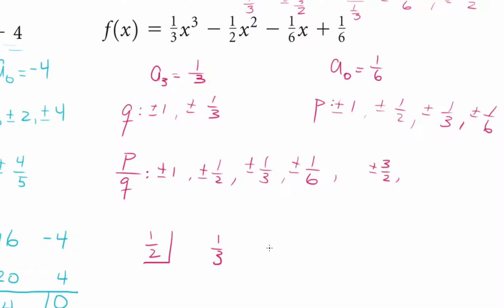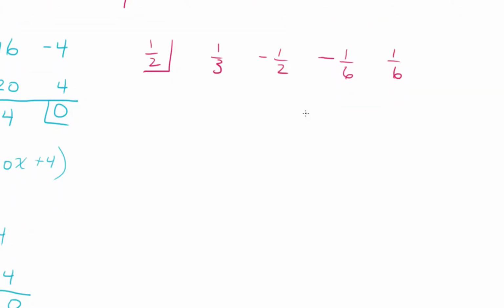So 1/3 minus 1/2 minus 1/6 plus 1/6, okay? So we lower the 1/3. 1/2 times 1/3 is 1/6, right? How do you multiply fractions? Straight across.